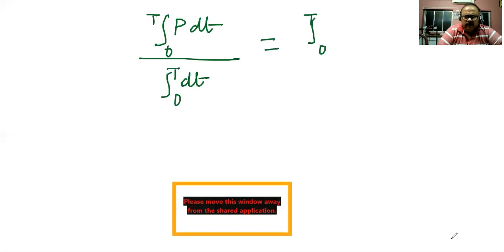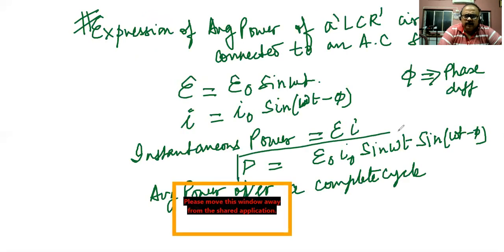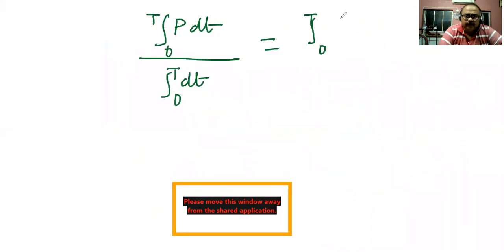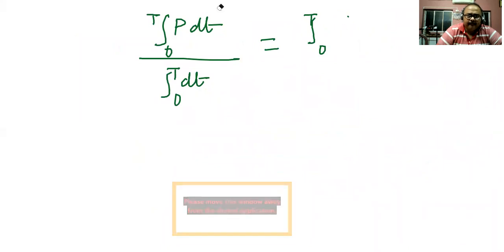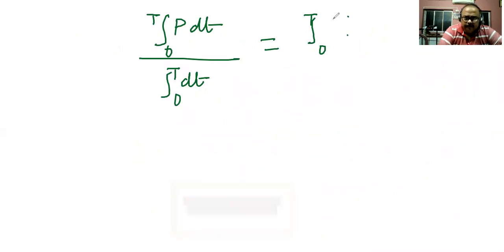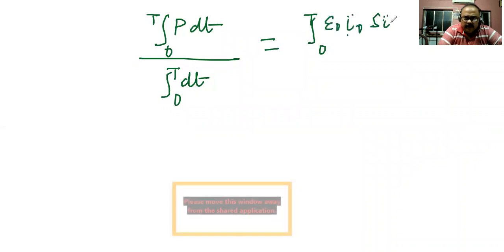The instantaneous power we have already put in is E naught I naught sine of omega t into sine of omega t minus phi, whole dt.